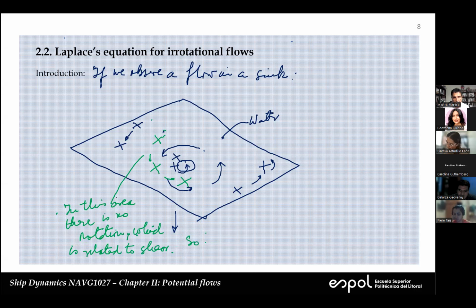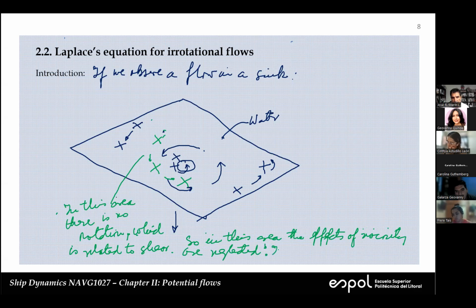So in this area, the effects of viscosity are neglected. And this area is called irrotational flow.